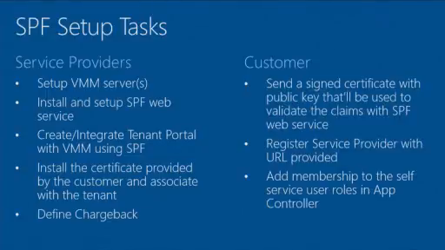Then you're going to plug in with App Controller using that same little connection capability. We hit connect, we put in the API and a certificate, and we're good. So for a customer, it's a relatively lightweight exercise to get this set up. Get the certificate, send it across with the appropriate key, and that will effectively enable you to securely communicate with the SPF layer within the service provider.